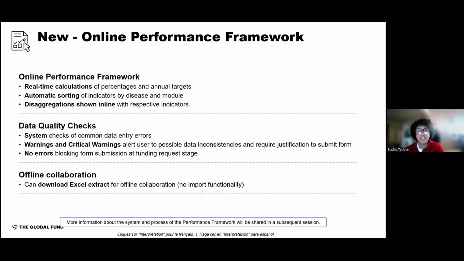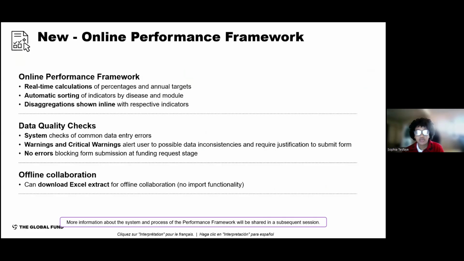And just a sneak peek, we've brought the performance framework into an online modality. So I'll go over a couple of things quickly here. You'll be able to input all the same information that's in the Excel performance framework online, all the indicators, work plan tracking measures, etc. There'll be real-time calculations of the percentages and automatic sorting of the indicators by disease and module.